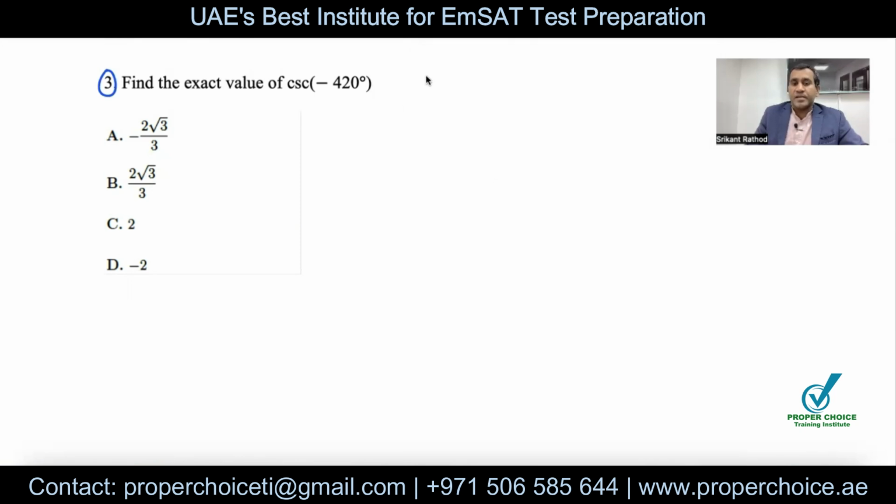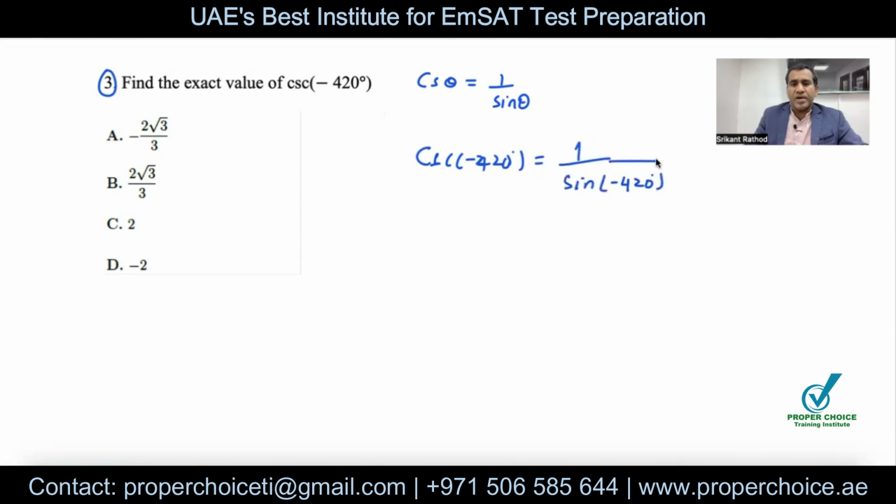I should know that cosecant theta equals 1 by sine theta. So I need to take the help of sine. So cosecant of negative 420 equals 1 by sine of negative 420.